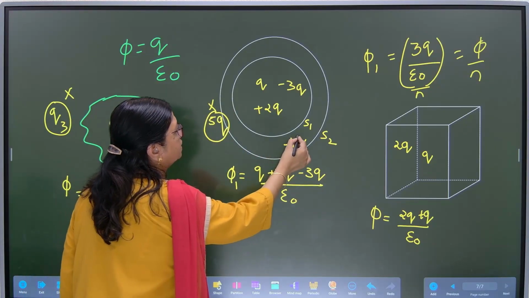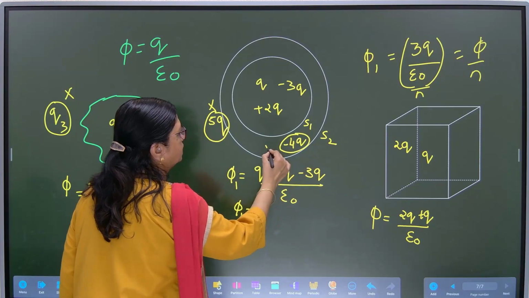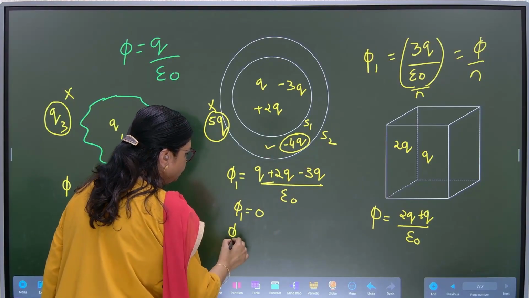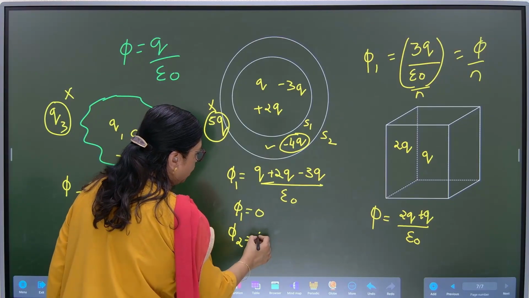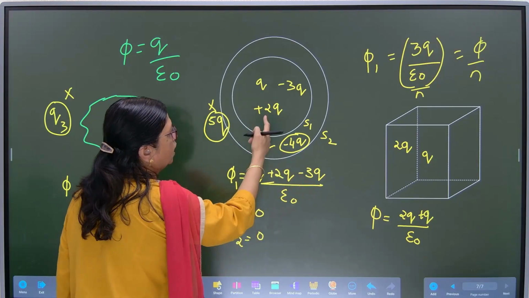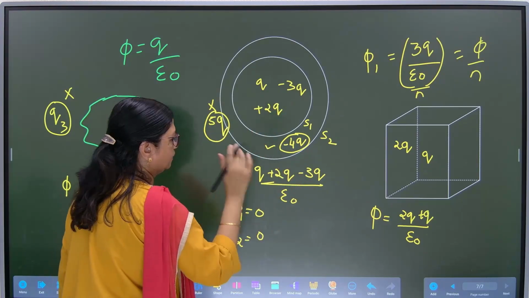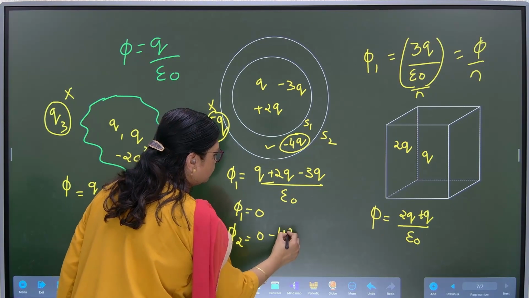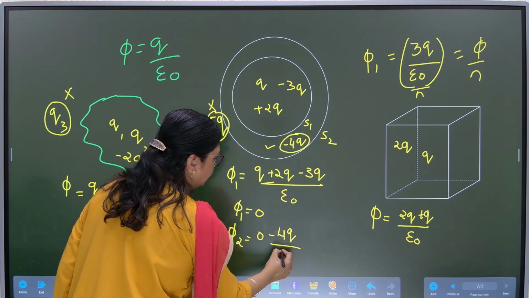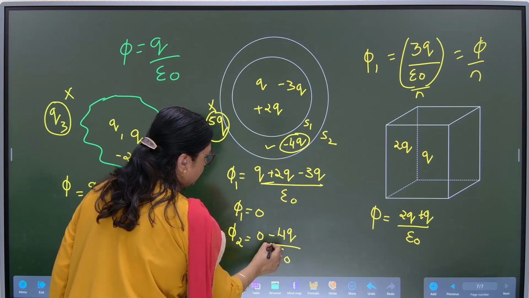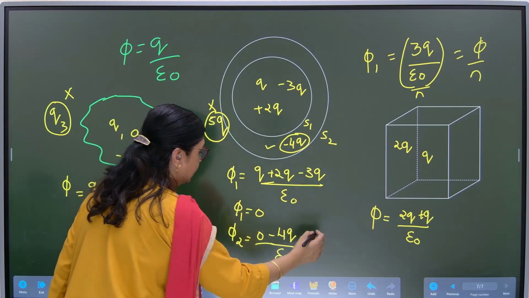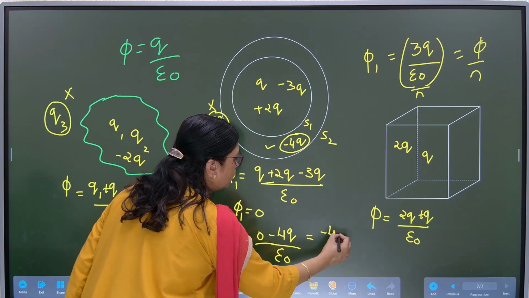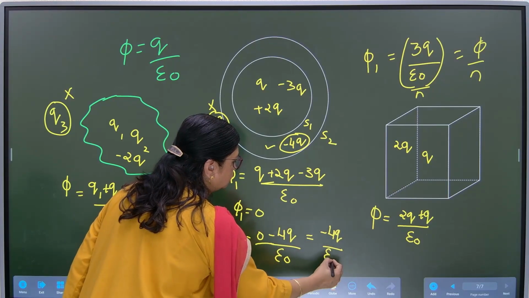No. Should I consider this charge? Yes. So what is my phi 2 for S2? It will be q plus 2q minus 3q, which becomes 0, and negative 4q divided by epsilon naught. So my final answer for phi 2 for the surface S2 is negative 4q divided by epsilon naught.